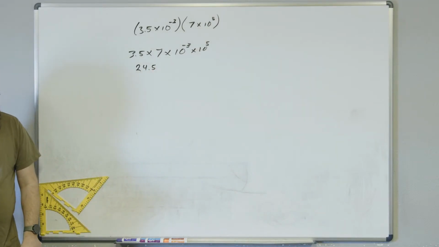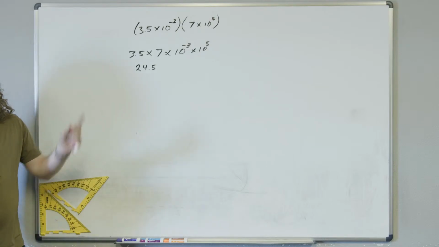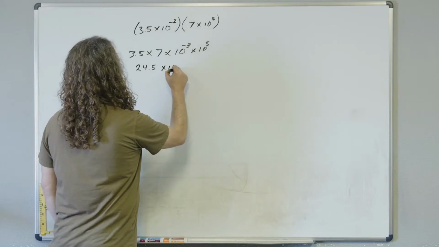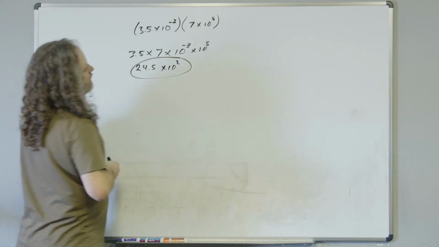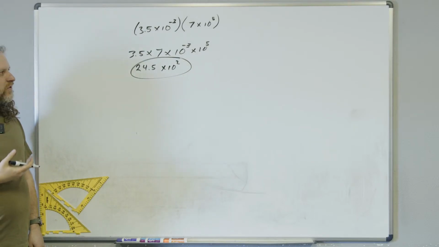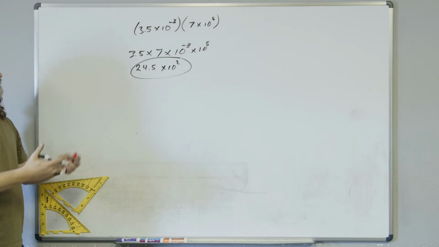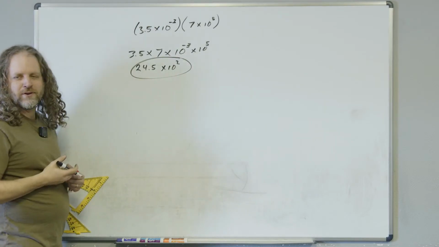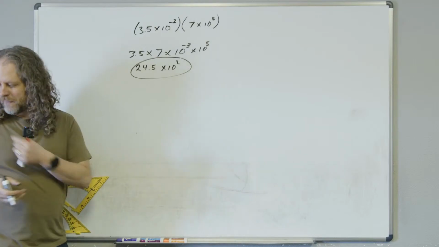What do we do with the exponents? Add them. What's negative 3 plus 5? 2. And then if the instructions also ask you to write your answer in scientific form and standard form, to get the standard form, we move the decimal point over there and you get 2,450. Right? Easy money.